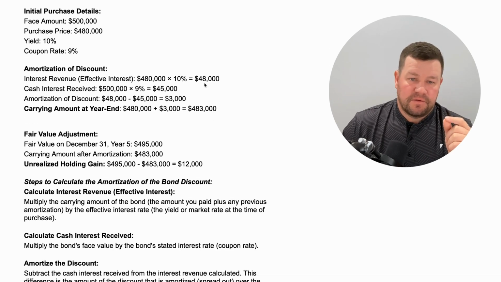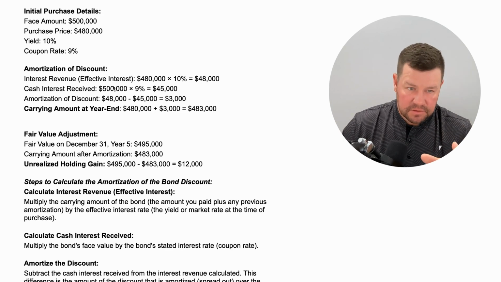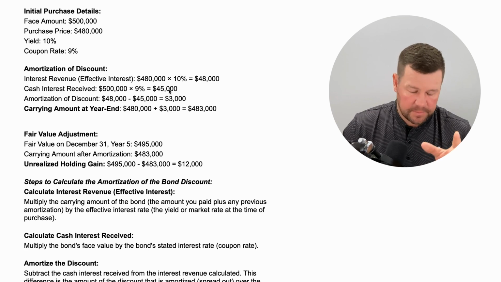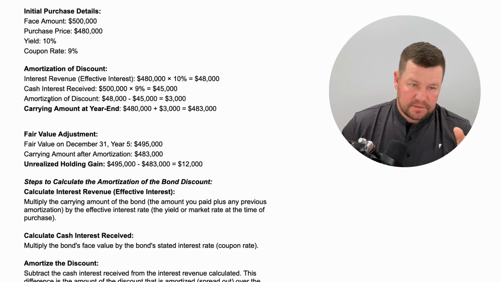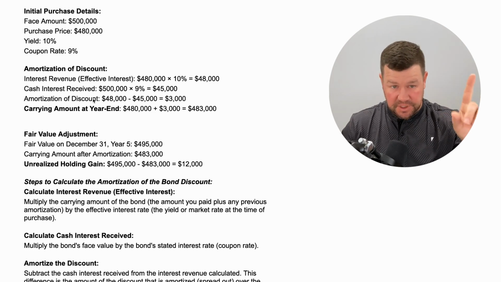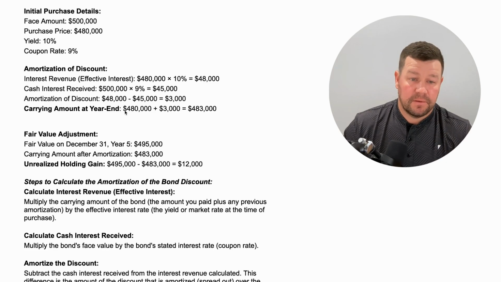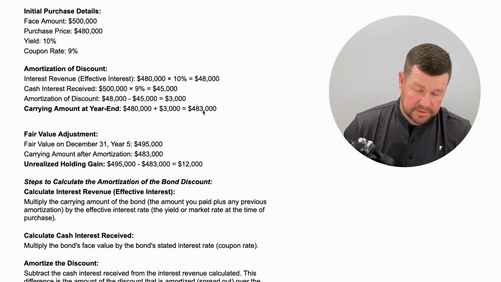So you get $48,000, but the cash interest received, which is the face amount times the coupon rate, is $45,000. You subtract those two, and so we amortized $3,000 of the discount in that first year. So the carrying amount by the end of the year is $483,000.